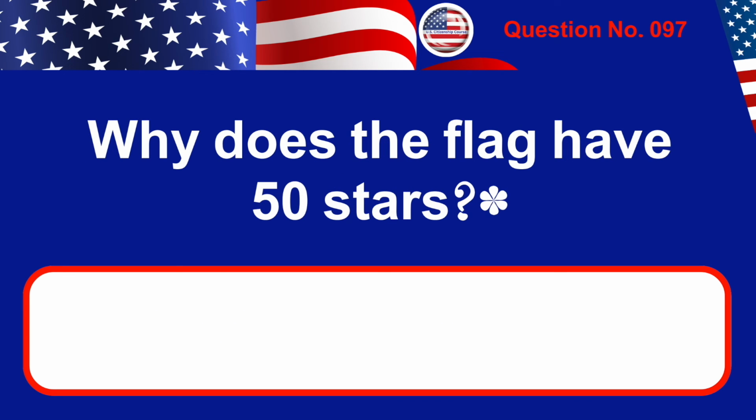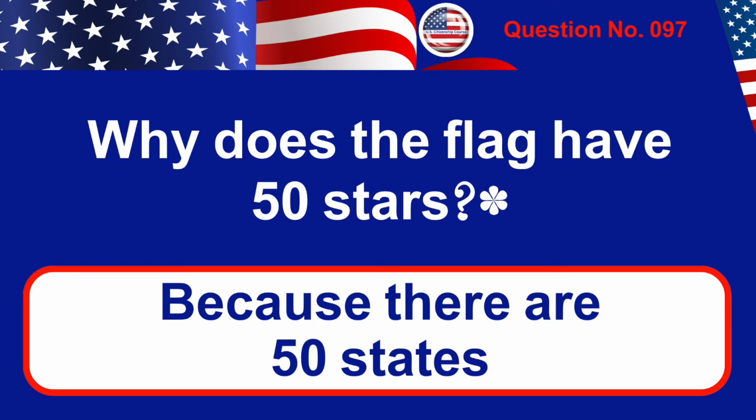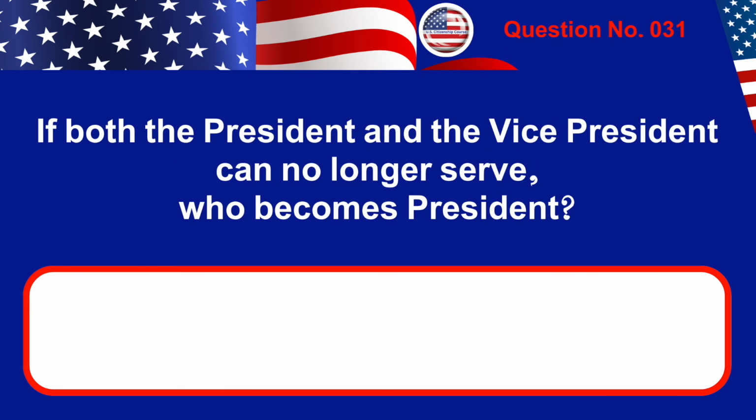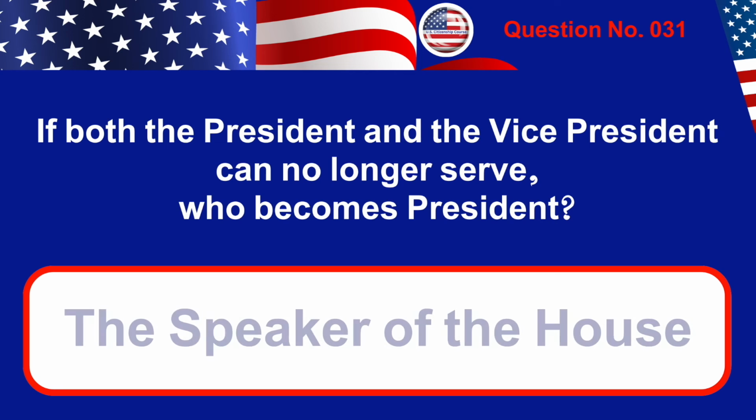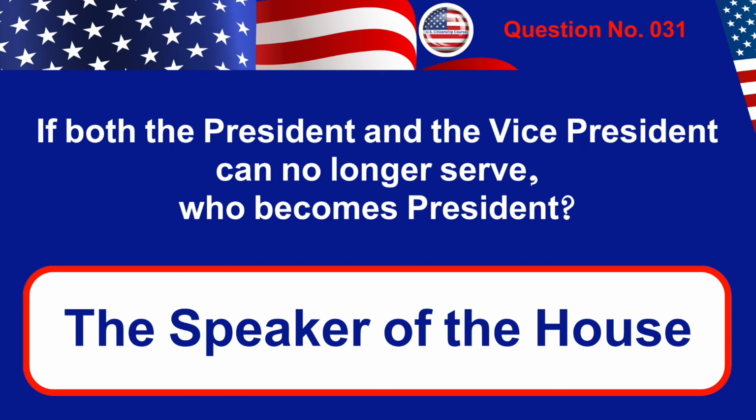Why does the flag have 50 stars? Because there are 50 states. If both the president and the vice president can no longer serve, who becomes president? The Speaker of the House.